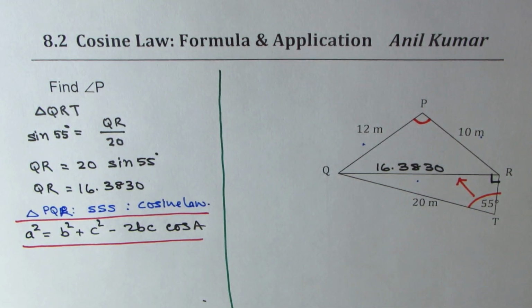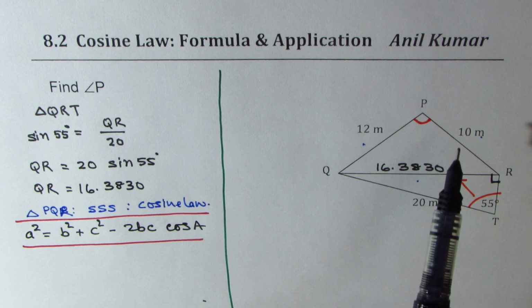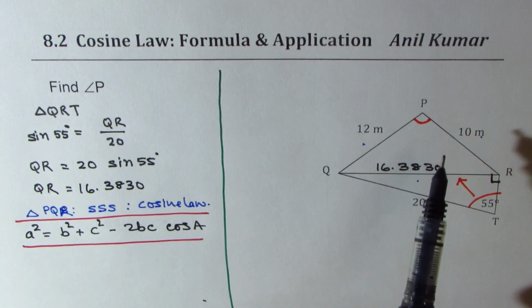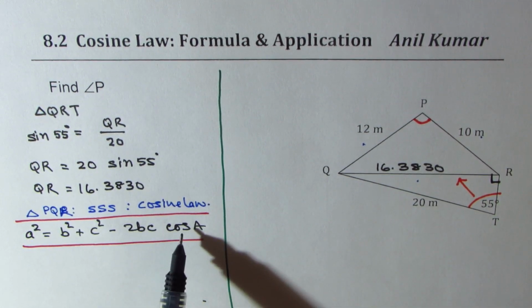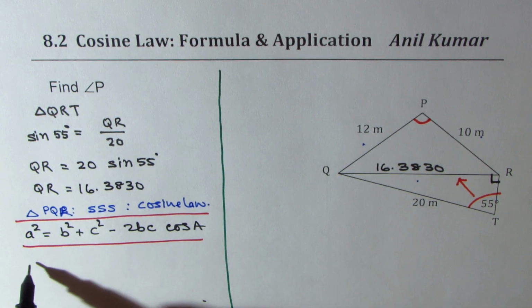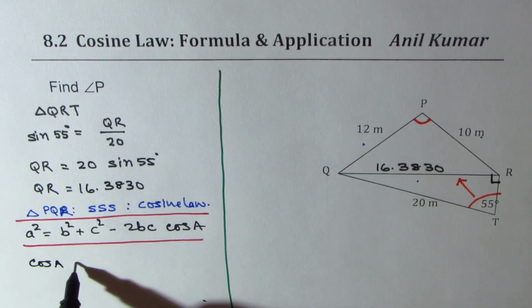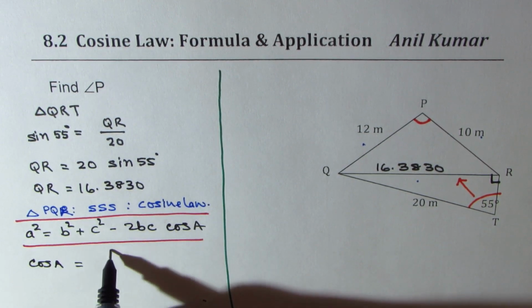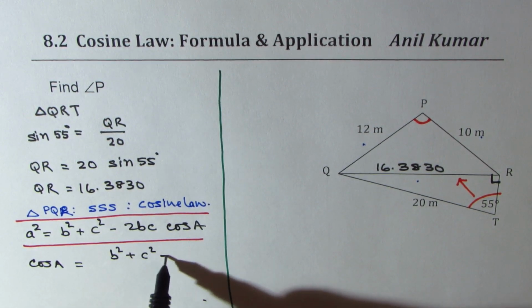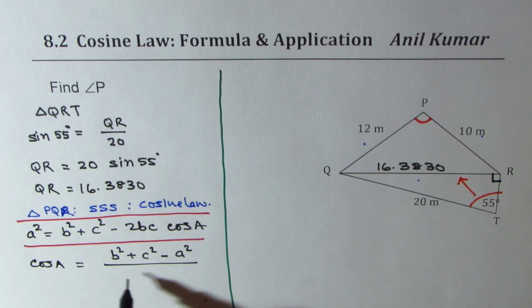Now this formula, you have seen how to rearrange it. So from this formula, we also know what cos A equals: b square plus c square minus a square divided by 2bc. You get cos of A.